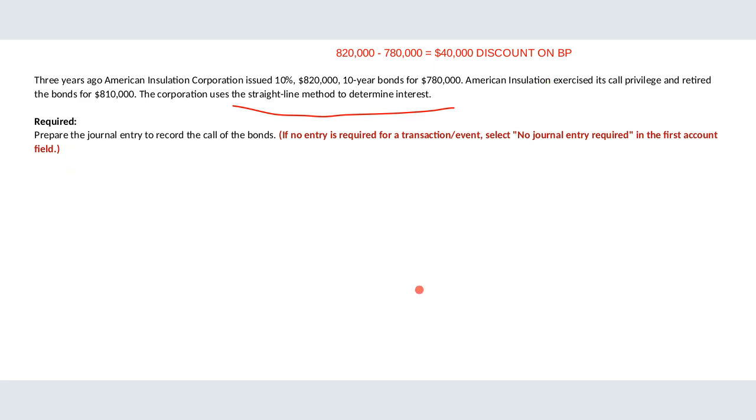So basically, let's say they purchased it 3 years ago, is that 2018, 3 years ago? Cash of 780, bonds payable of 820, and then a debit to discount for 40.